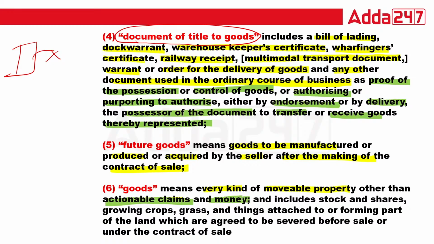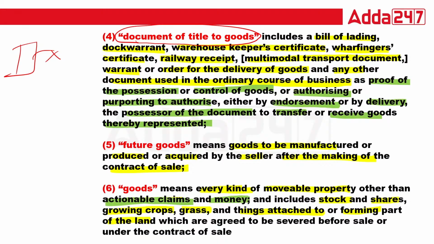Goods includes stock, shares, growing crops, grass, and things attached to or forming part of the land. That is the definition of goods, class.